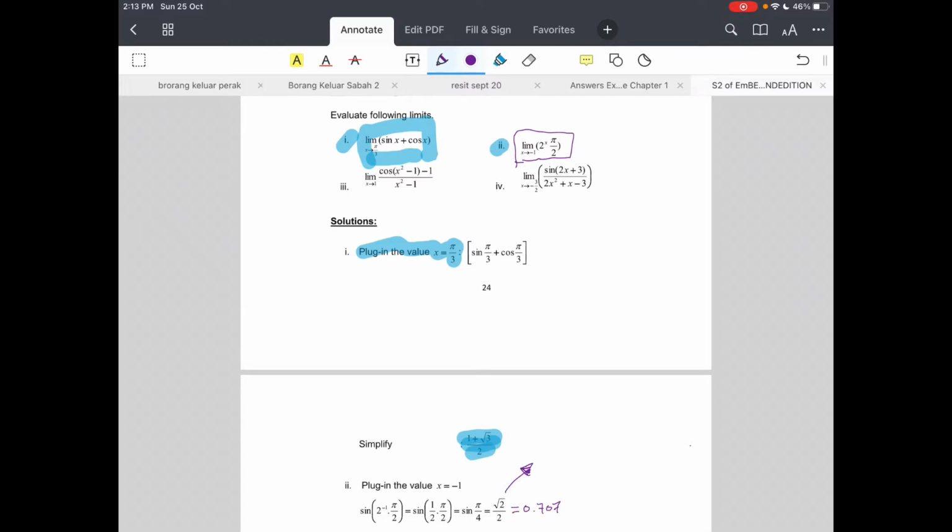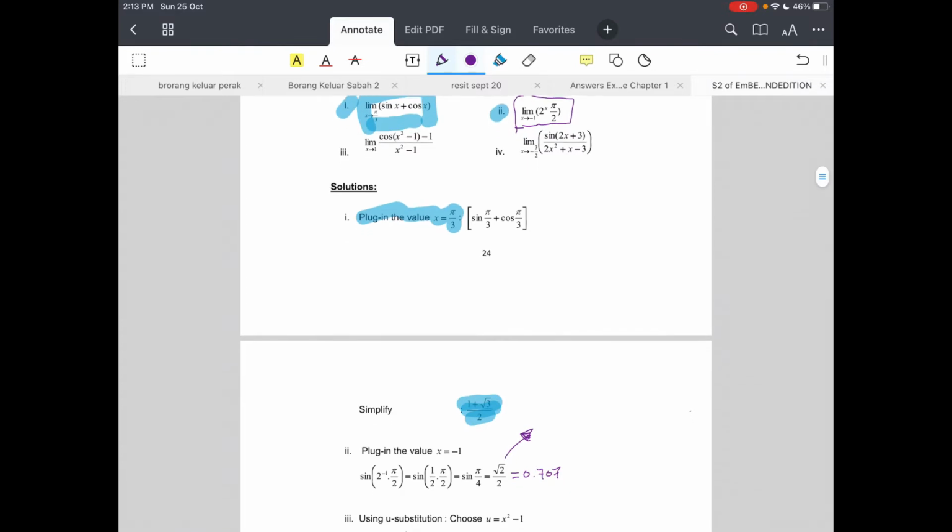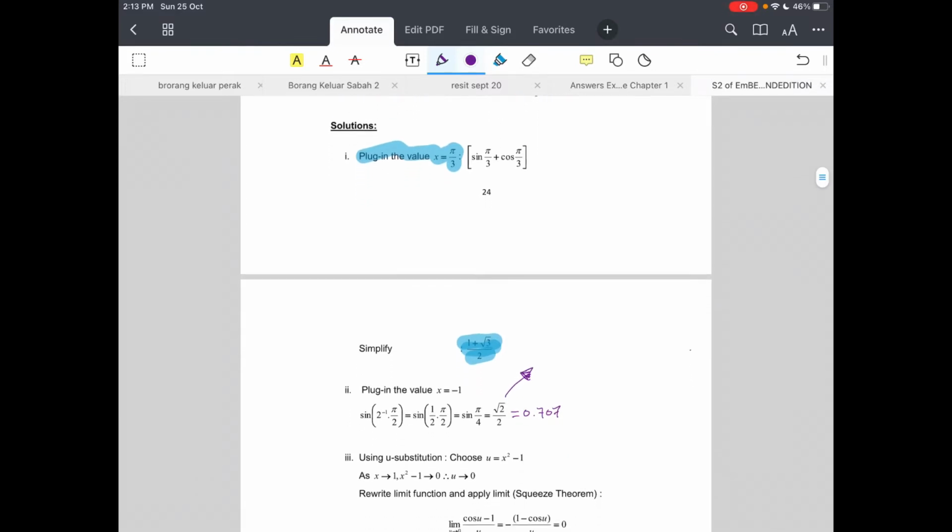In this question as well, we just straight away plug in x equals -1. So 2 to the power of -1 is 1/2, times pi over 2, and then you may get sine pi over 4.